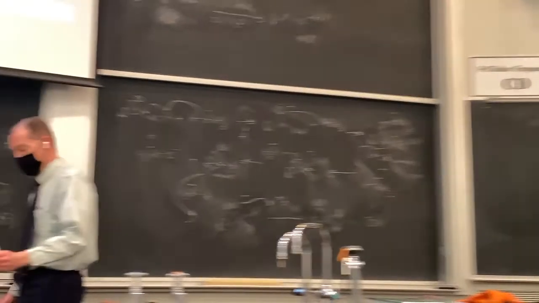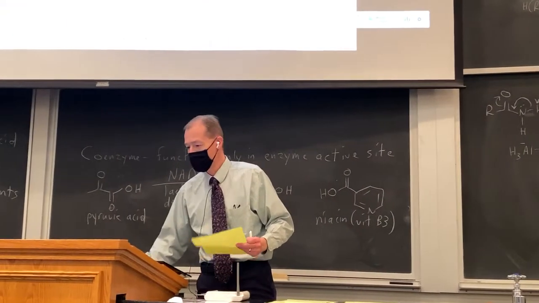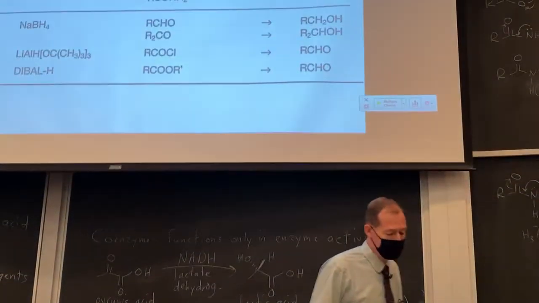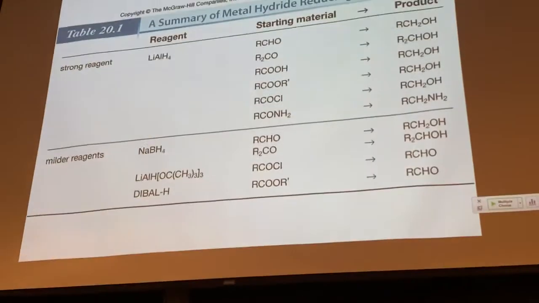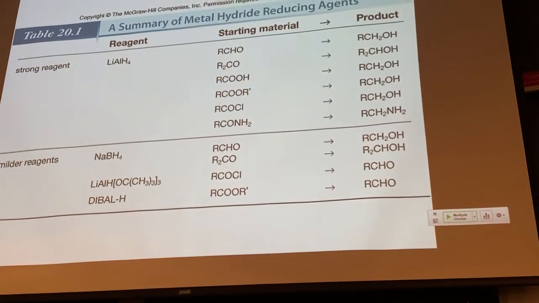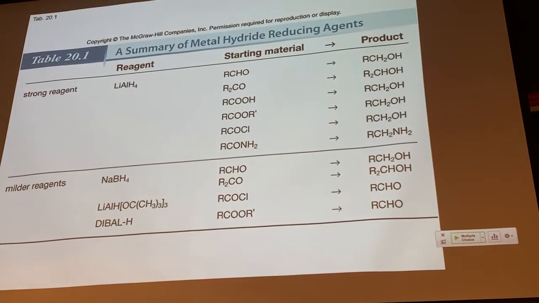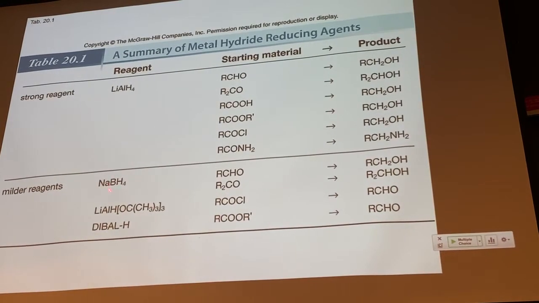Okay, so we've talked about a fair number of reductions. Here we have a summary of those reducing agents. And we should not have to memorize this table because we have explained why sodium borohydride is the weakest of our reducing agents. Boron is more electronegative than aluminum.